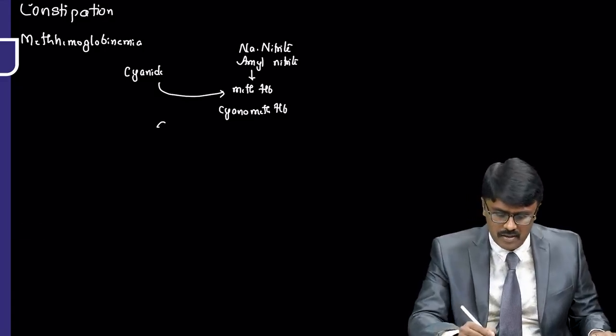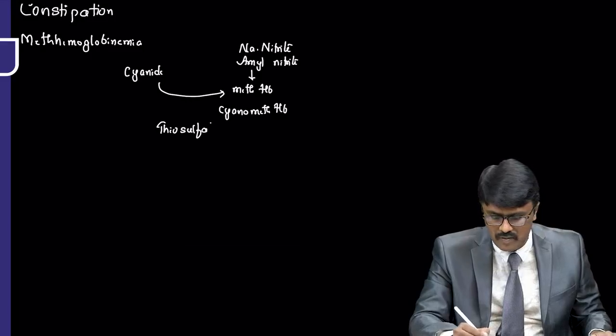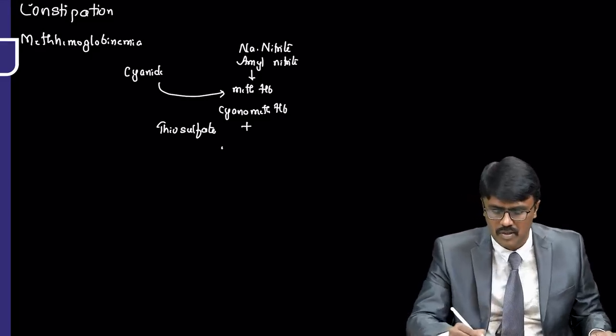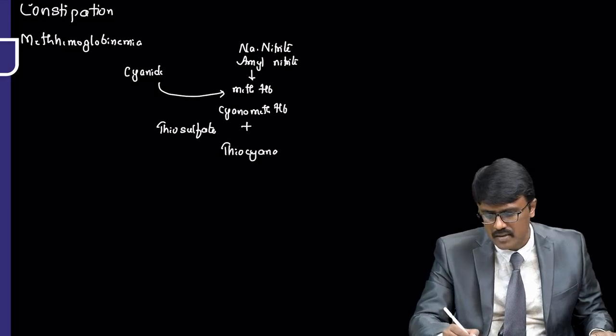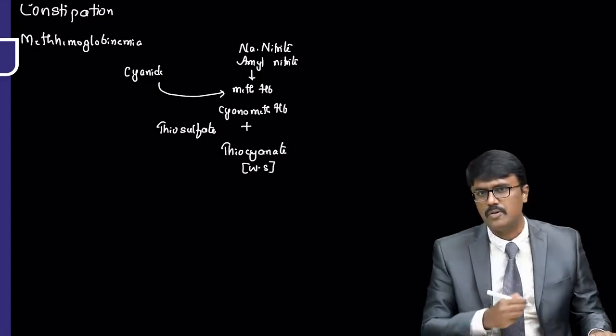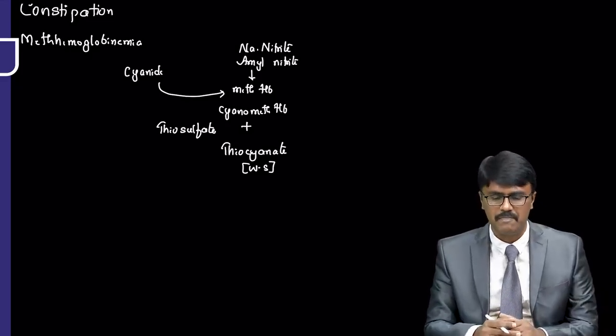For that, we add something called thiosulfate. So when we add thiosulfate, it combines with cyanomethemoglobin to form thiocyanate. And this thiocyanate is water soluble and that will throw the cyanide out. So this is an outdated method for managing cyanide poisoning.